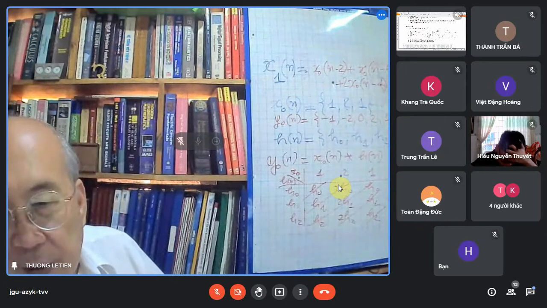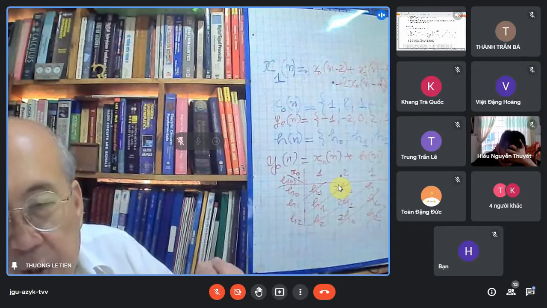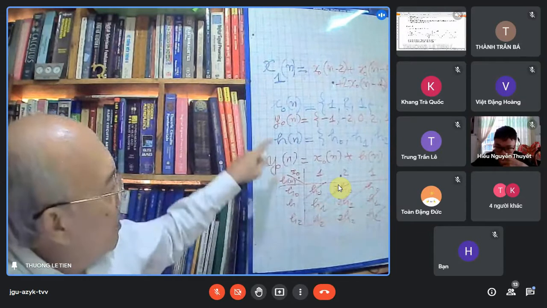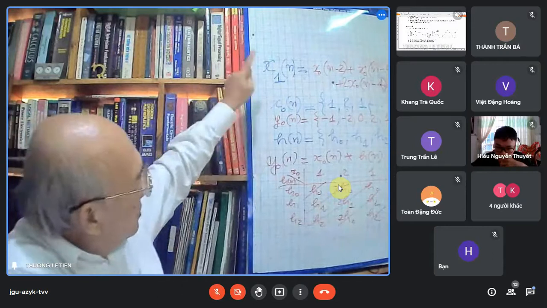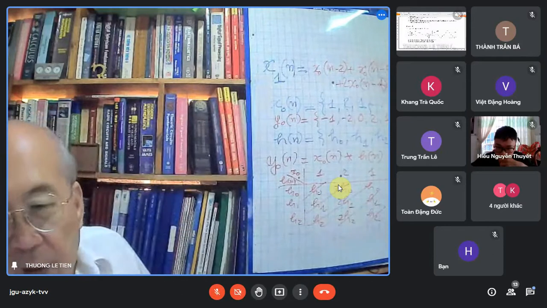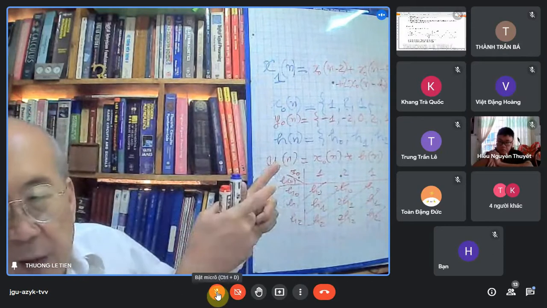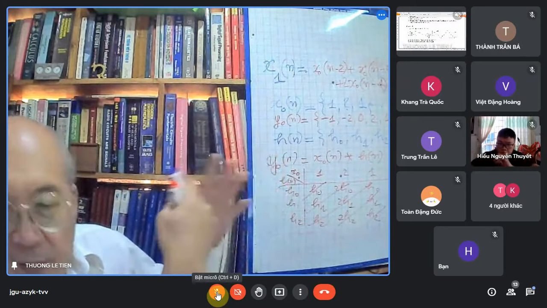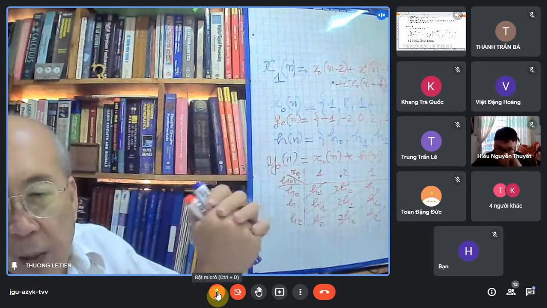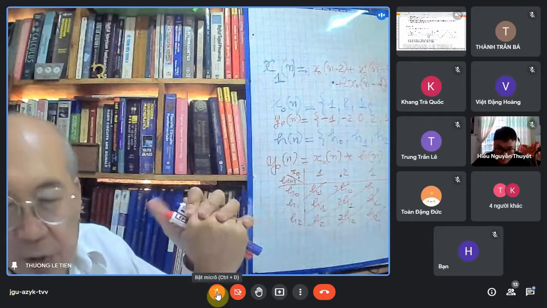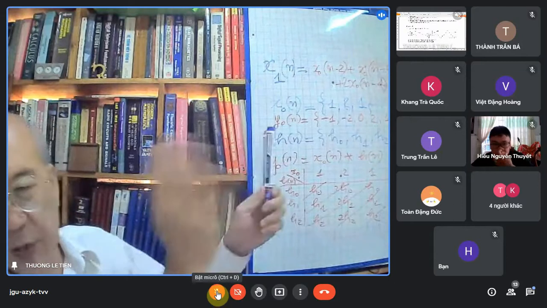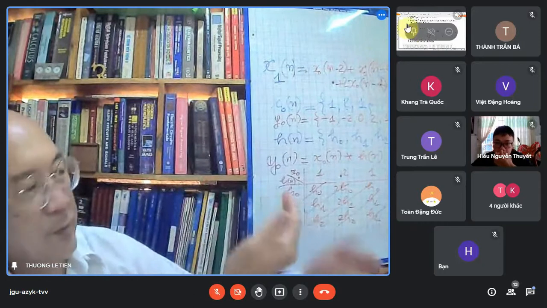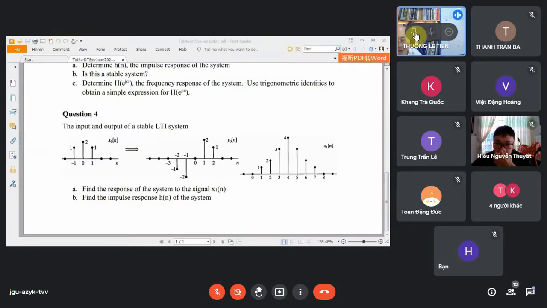Once you know h1 and h2, you can take the convolution of hn and h1. The vector h1 convolves with the hn. Then you can work out the y1n. Of course, the results come out similar to the previous methods we used. All right?